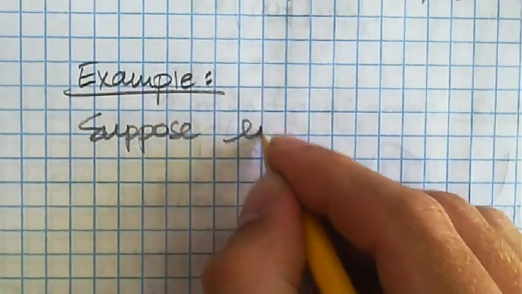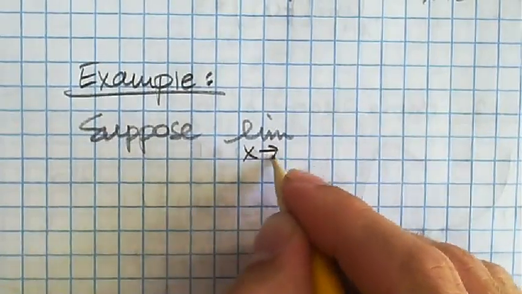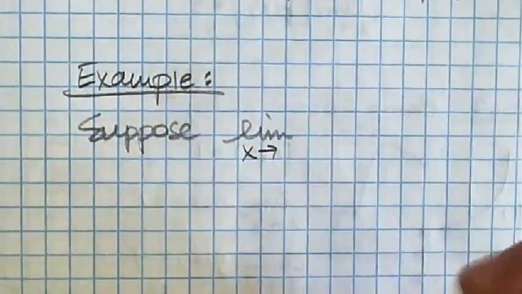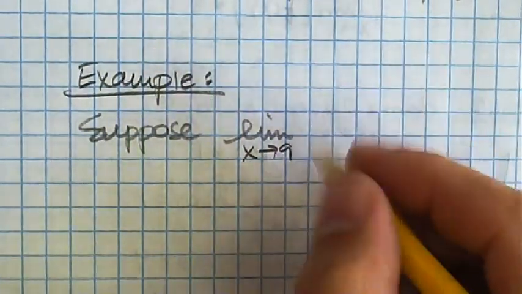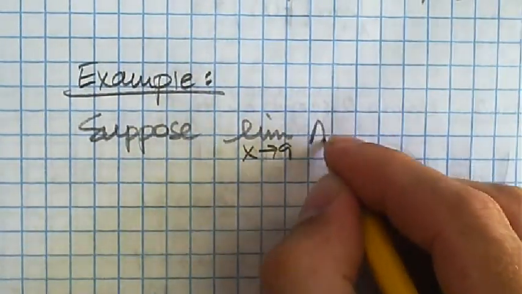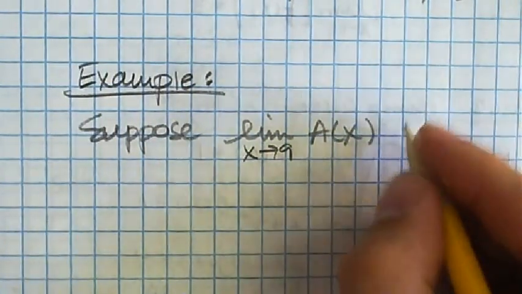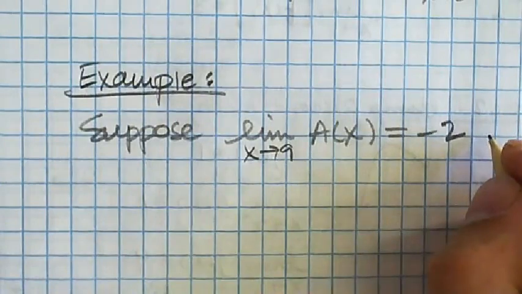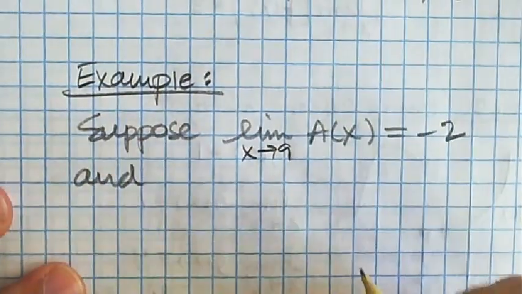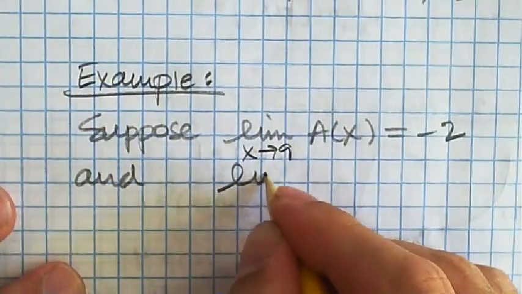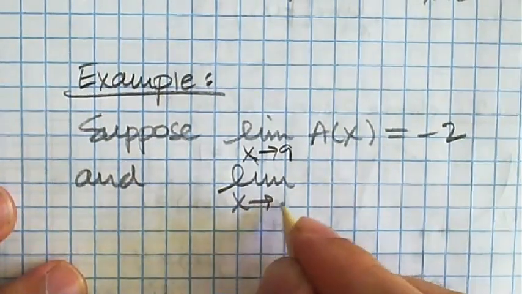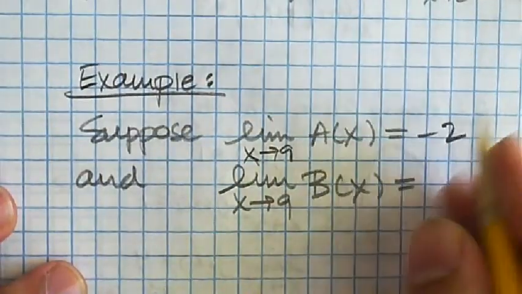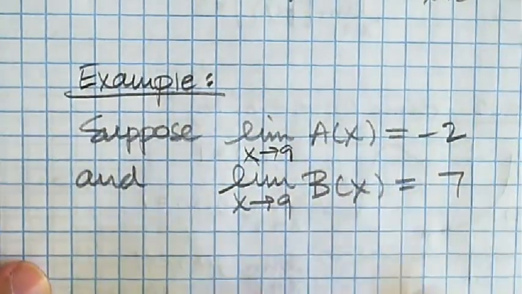Suppose the limit as x approaches 9 of a of x is equal to -2, and the limit of b of x as x approaches 9 is equal to 7.